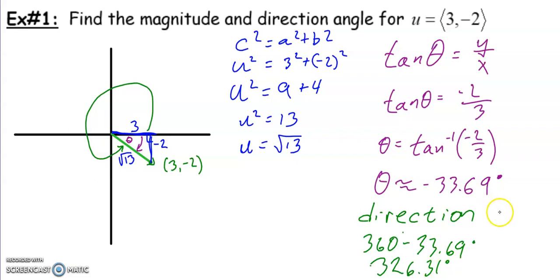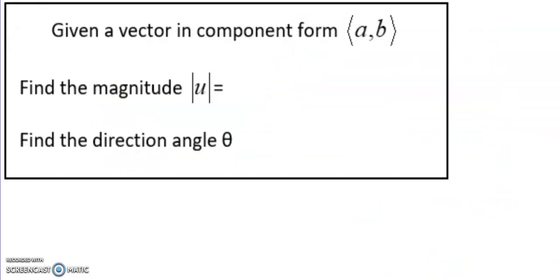Boom. So if we tighten our formulas up just a smidge. If I give you a vector in component form, ⟨a, b⟩, then the magnitude doesn't care about direction. That's why we always say in absolute value, the magnitude, the length of this vector can always be found just by doing the square root of a squared plus b squared.